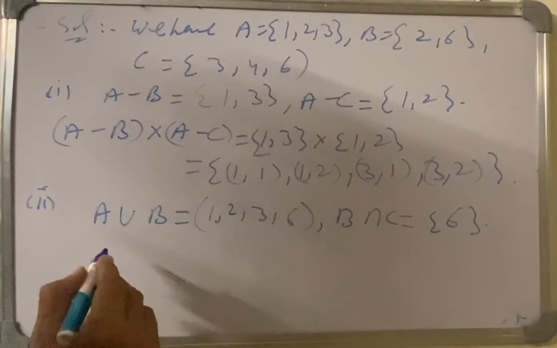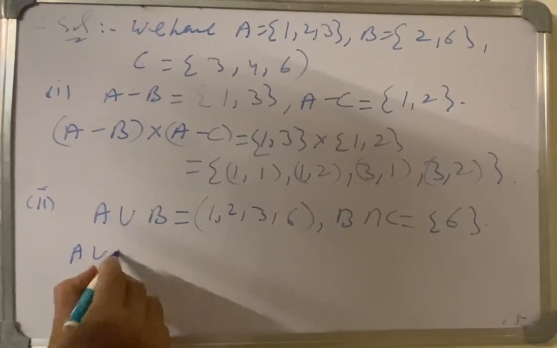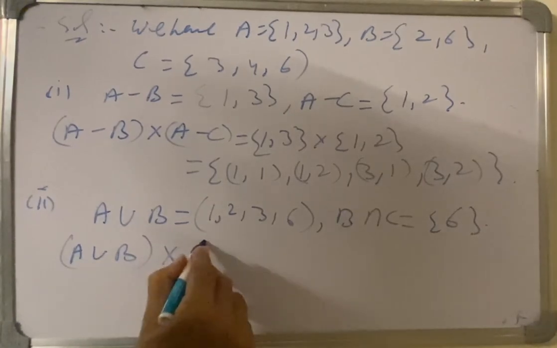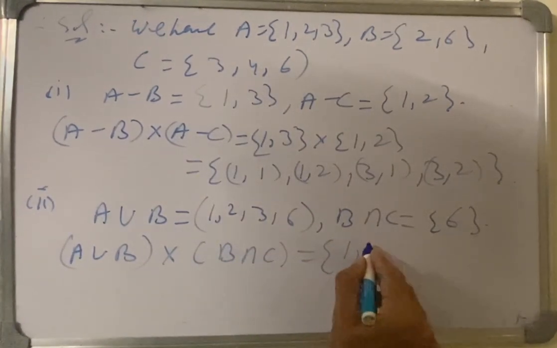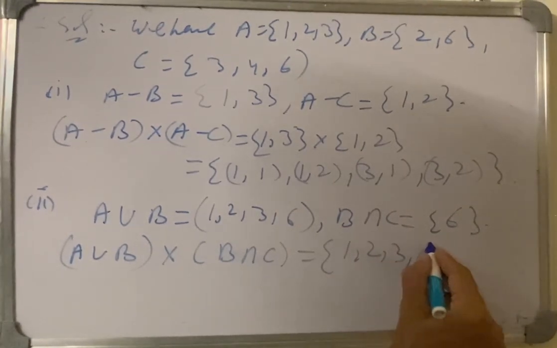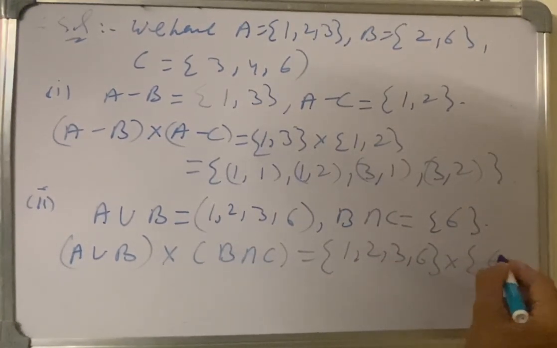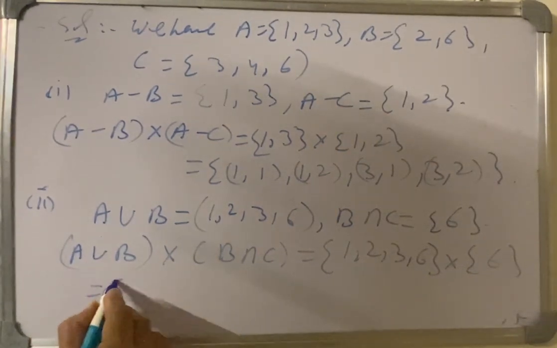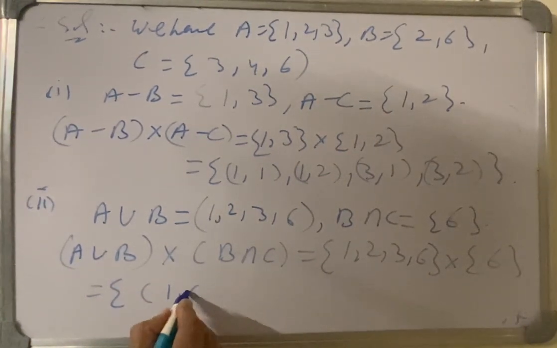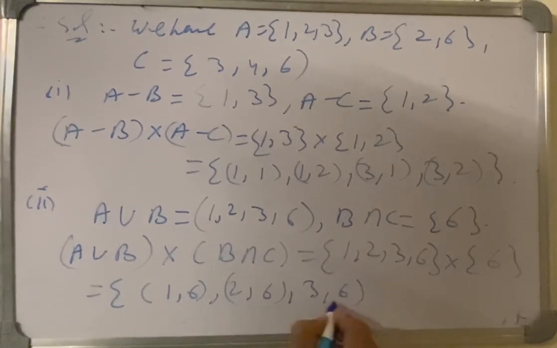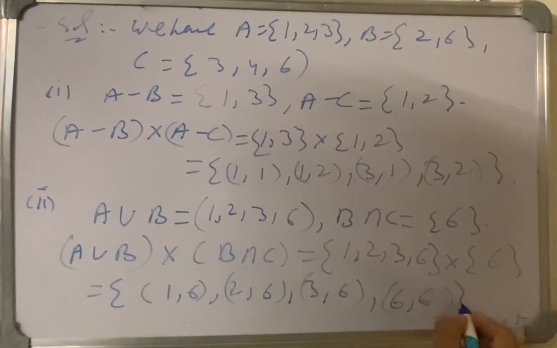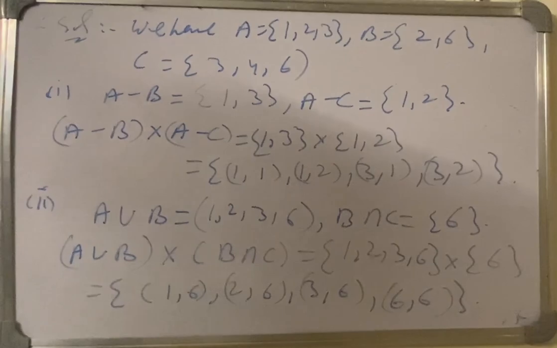Therefore, the Cartesian product of A union B and B intersection C is {1, 2, 3, 6} and {6}. So these are the ordered pairs (1, 6), (2, 6), (3, 6), (6, 6). So this is the Cartesian product of A union B and B intersection C.